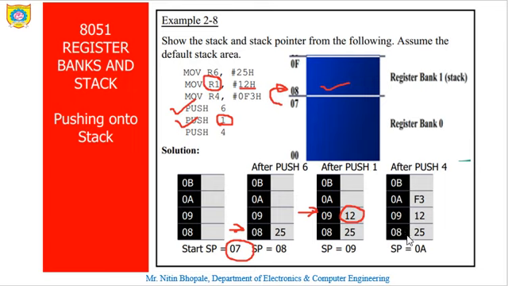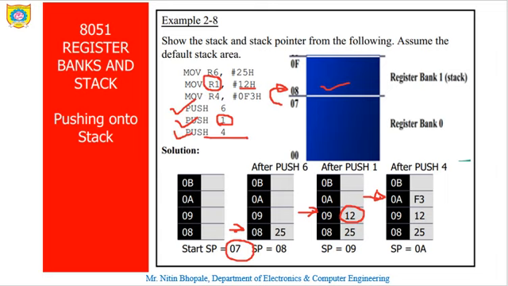After 09, since this is the hexadecimal numbering system, the next location is A. While writing it in the ALP, we have to write it as 0A, 0B and so on. So 10 will be A and further. The next instruction is PUSH 4.